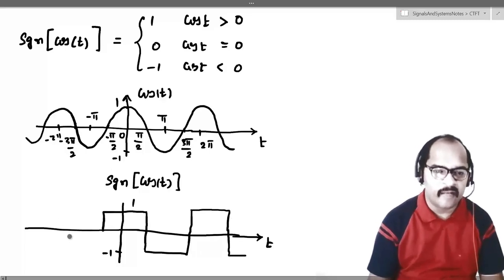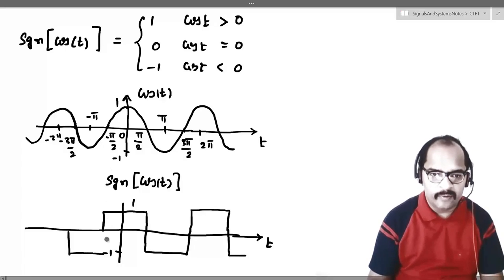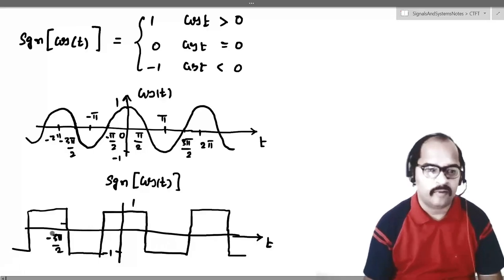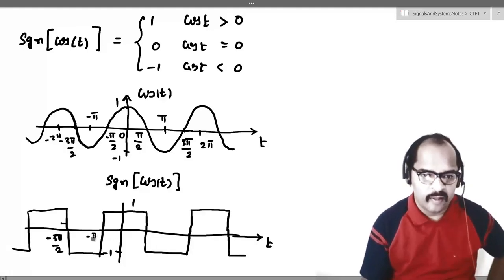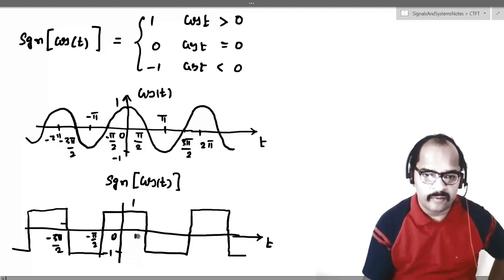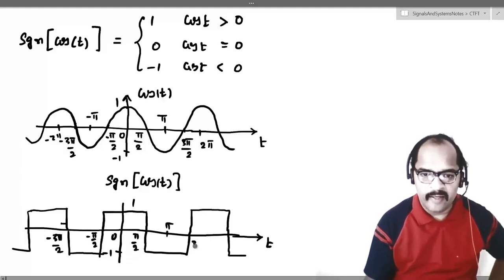Similarly for negative time, from minus pi by 2 to minus 3 pi by 2 it is minus 1, and after that plus 1, and so on. So this is minus pi by 2, 0, pi by 2, pi, 3 pi by 2, and so on.